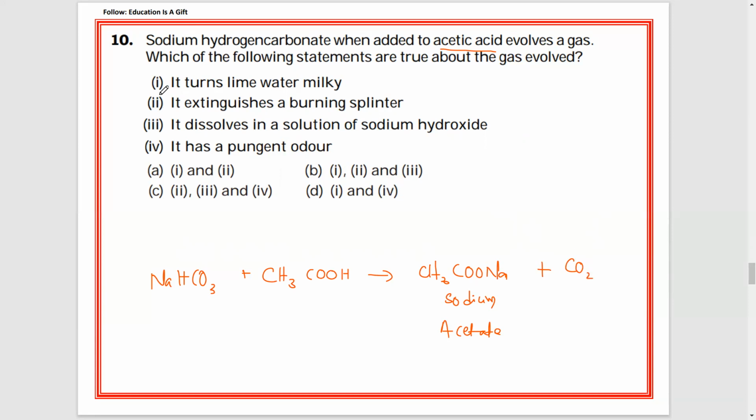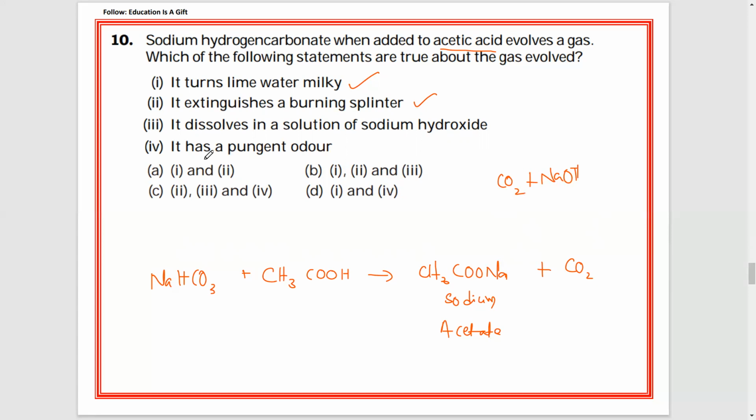Now you see, it turns lime water milky. Yes, of course. That is the test for carbon dioxide. It extinguishes a burning splinter. Yeah, of course. Oxygen is a supporter of fire. Carbon dioxide is not a supporter, so it will extinguish. It dissolves in a solution of sodium hydroxide. Yes, CO2 will be dissolved in NaOH solution, definitely.